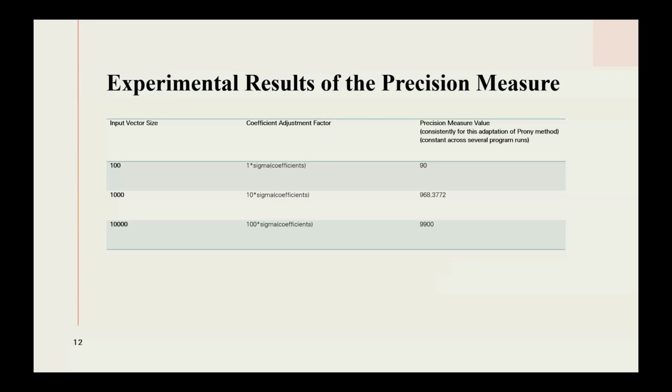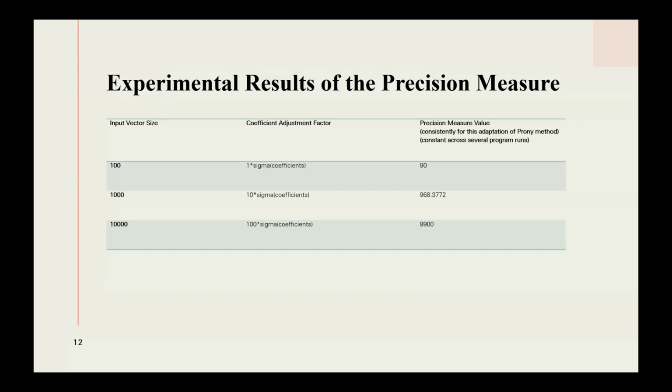And you see that with the increase in input signal size from 100 to 1000 components and a 10 sigma adjustment of the coefficient, again it is in the order of 900.